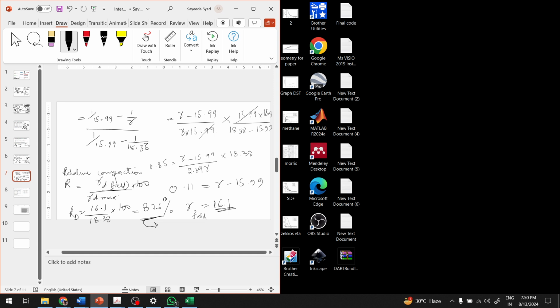Relative density. Gamma d field over gamma d maximum into 100. That is what we did.